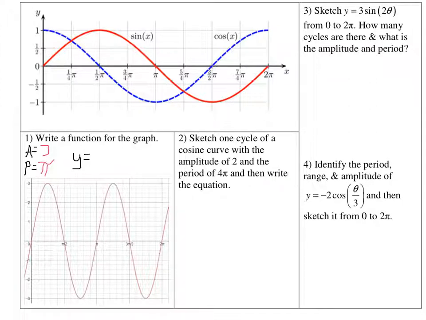Now, I want to write the equation. I know it's a sine graph because it started at 0. Now, hopefully you caught on their amplitude is always that front number. But the period is pi. But how does that relate here? Well, what I like to say a lot of times is that, do you see within a 2 pi period, how many cycles of this graph do you have in a 2 pi period? 2. Do you see we have 2 cycles?